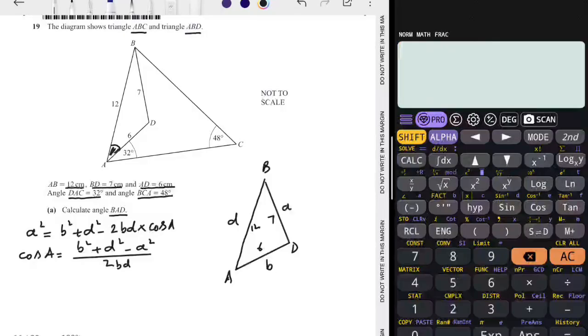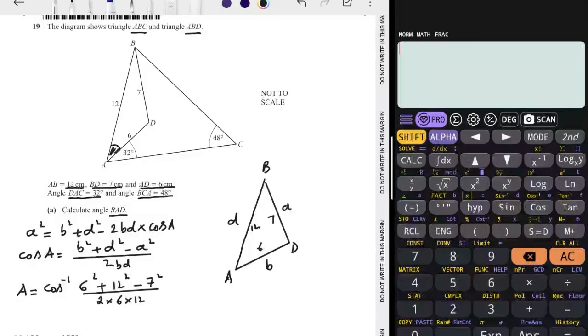Now we have to plug in values. So A is equal to, as we have to find out the angle, so cos would be on the other side, would be inverse. So square of B, it would be 6 plus 12 square minus 7 square divided by 2BD, that would be 2 times 6 times 12.